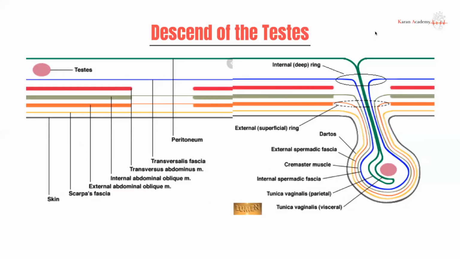If there was gut herniating into the patent processus vaginalis, into this green structure, it would have to pass through the deep inguinal ring, right? Because it's passing through the peritoneum into this space.